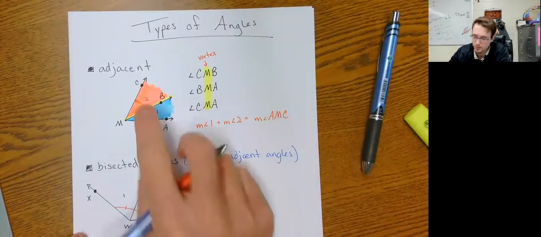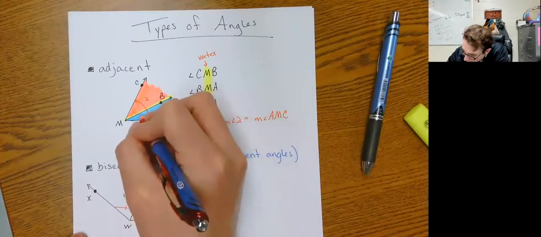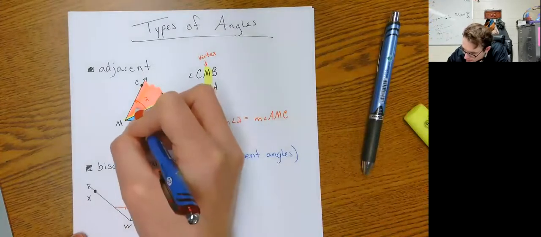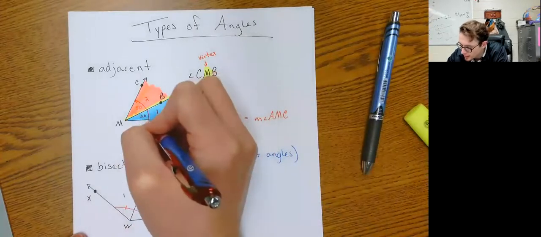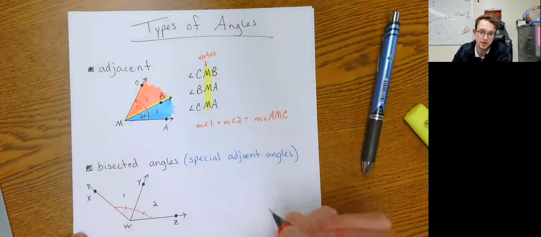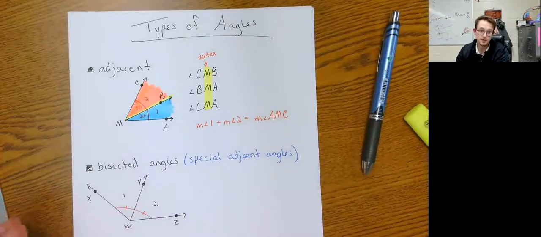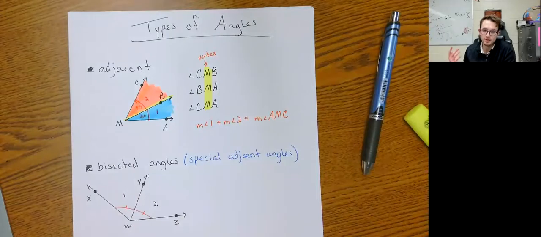If this was 20 degrees and this was 50 degrees, then the whole thing from here all the way to here would be 70 degrees, because 20 plus 50 makes 70. So, adjacent angles.